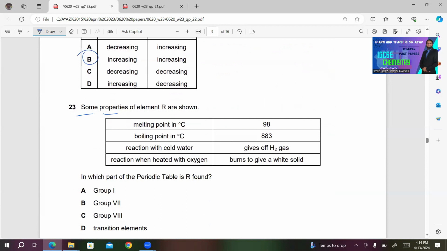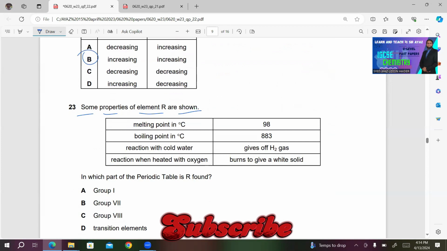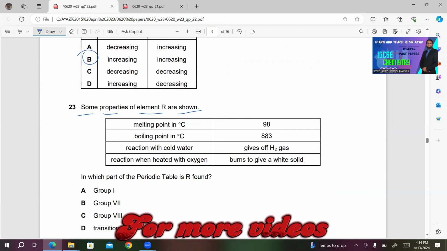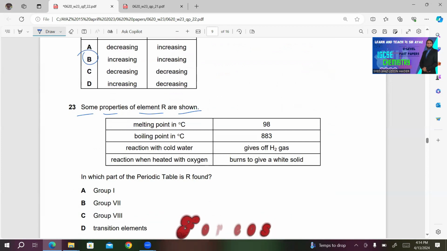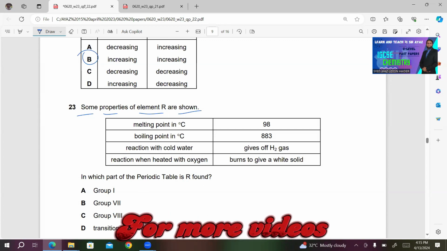23, some properties of element R are shown. Its melting point is 98 degrees centigrade, boiling point is 883 degrees centigrade. Reaction with cold water gives off H2 gas. When heated with oxygen it burns to give a white solid. In which part of the periodic table is R found? Melting point is low, boiling point is high, and on reaction with cold water it gives hydrogen gas, and when heated with oxygen it gives a white solid.